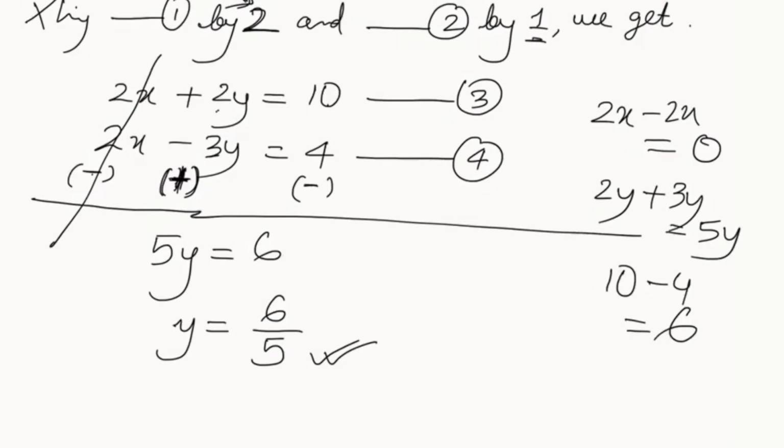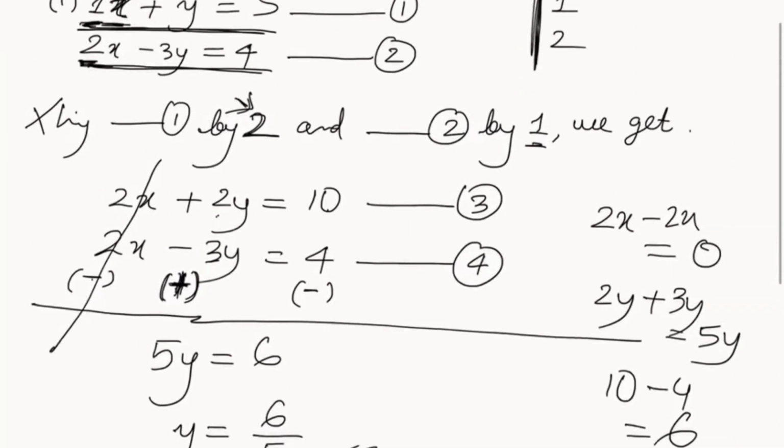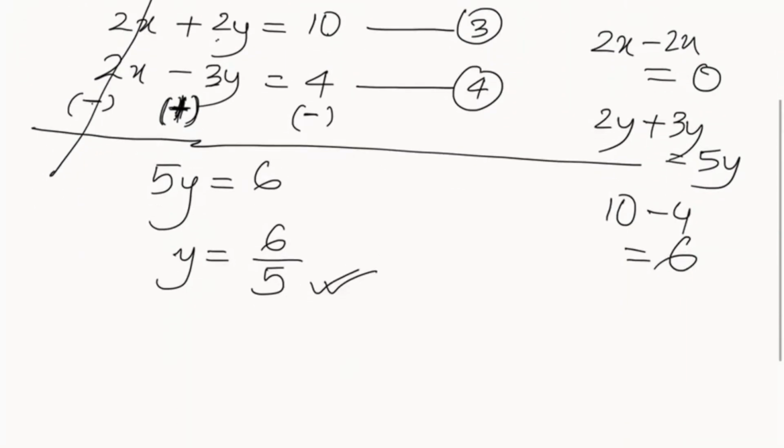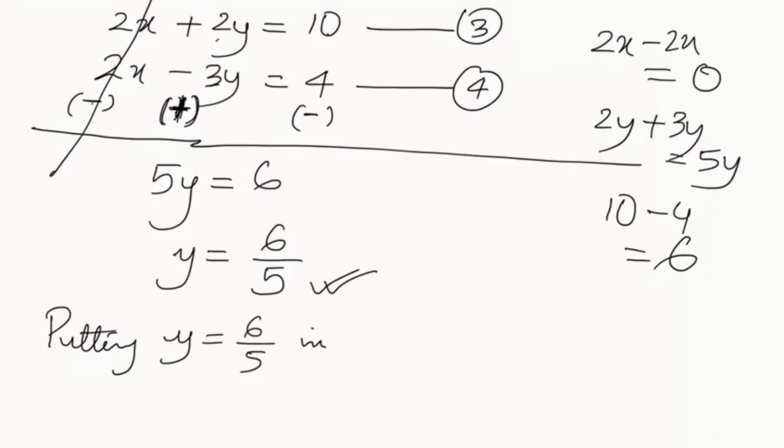Now our next target is to find the value of x. We have two equations here, equation 1 and equation 2. We will take either of these equations. Let's take the equation which looks simpler, that is equation 1. We write, substituting y equals 6 by 5 in equation 1, we get.